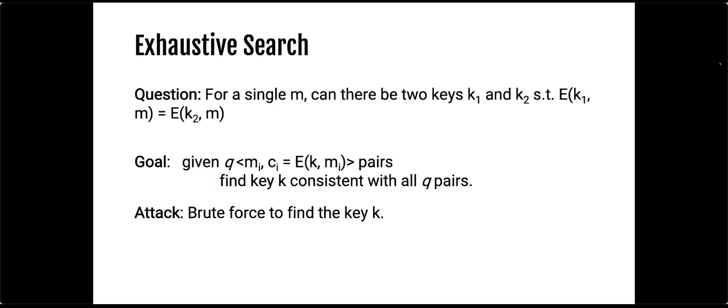Using different keys, the ciphertext is actually the same, and the plain text is also the same. This is not exactly what we're going to do for the attack, but I want to motivate you with this question first.